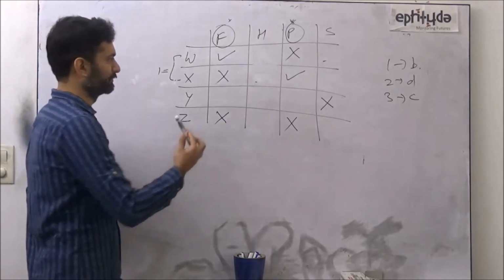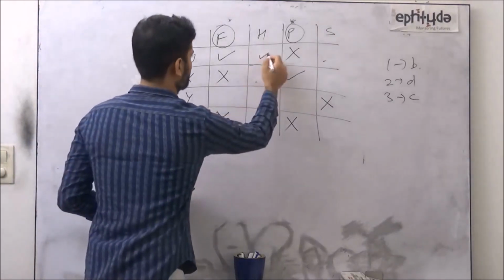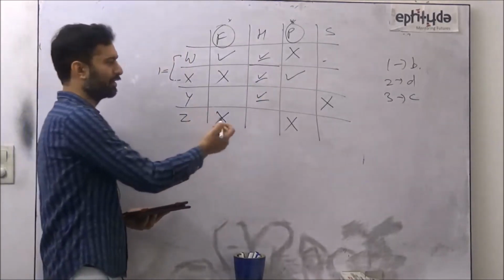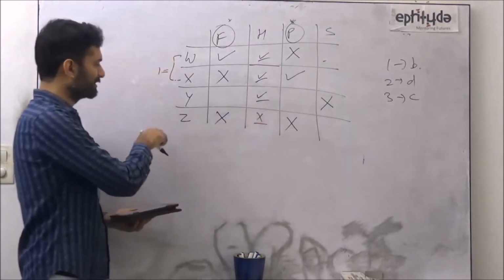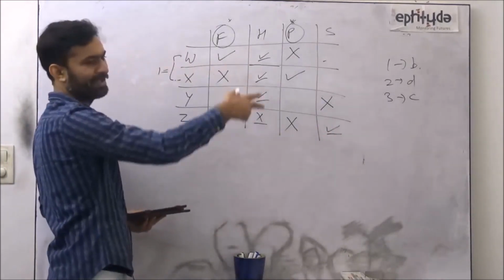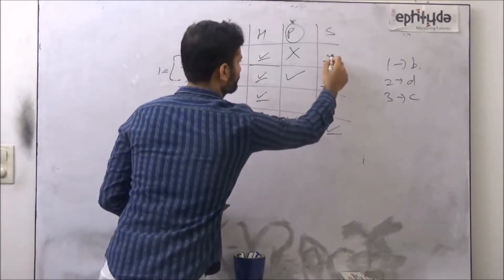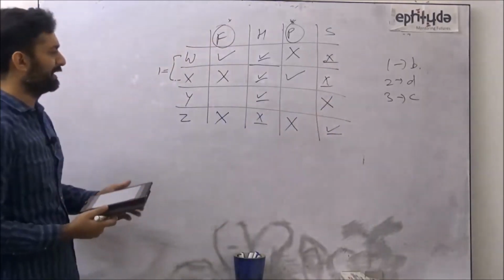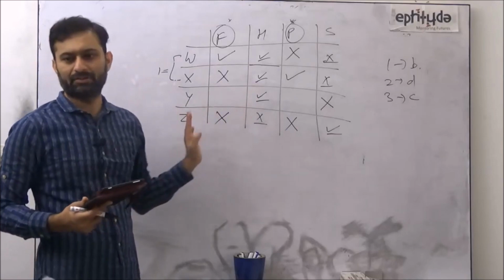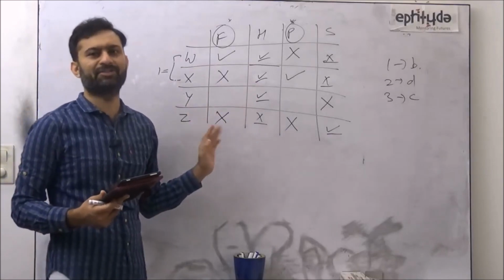Only H. So this basically means Z will not have H. This means Z will have sweating, and this means nobody else will have sweating. Yeah, that's it. And it's a must be question. So I stop here. Must be question, get the maximum deduction and stop there.